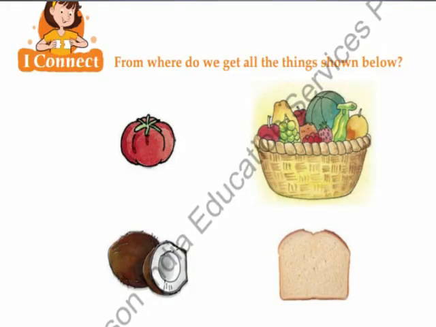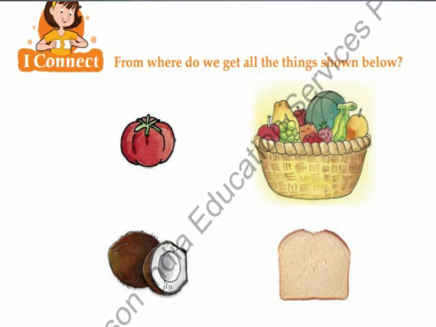Now in your textbook there is an I Connect portion. In that one question is given. I am going to read it for you and you will see in the picture. From where do we get all the things shown in the picture? See, here in the picture there are some things, and you have to tell me from where we are getting all this.